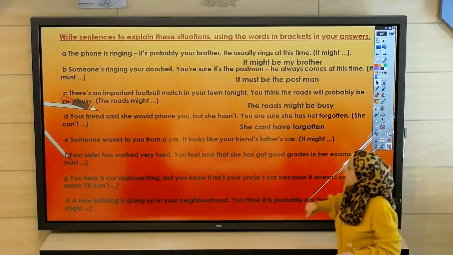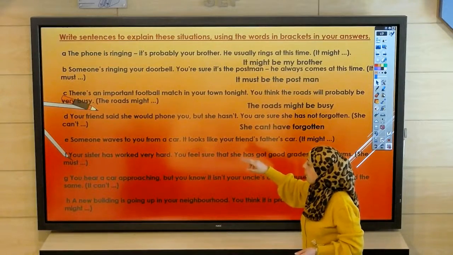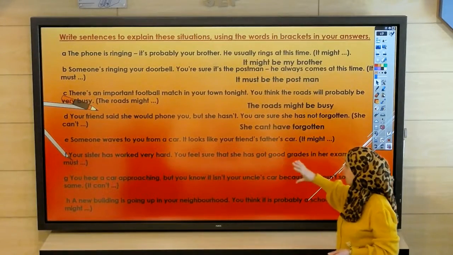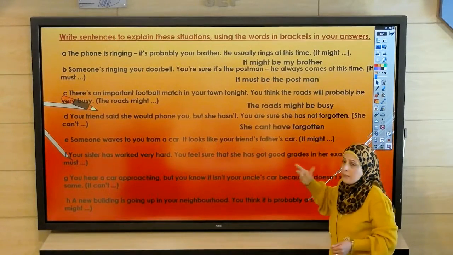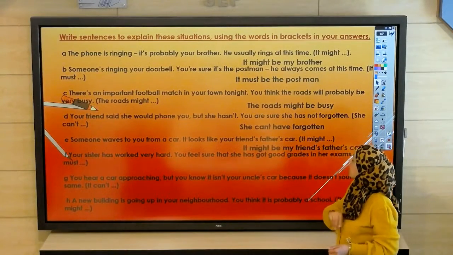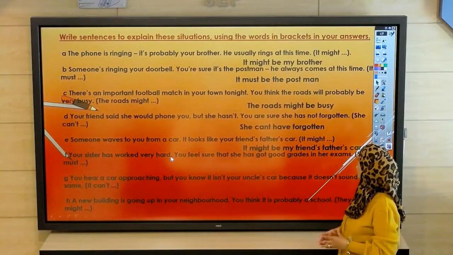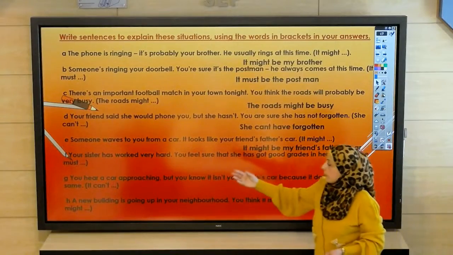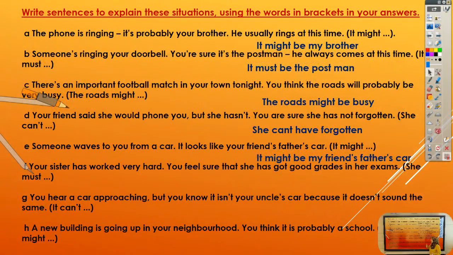Okay? Now, someone waves to you from a car. It looks like your friend's father's car. So, you are not sure. It might be my friend's father's car. Your sister has worked very hard. You feel sure that she has got good grades in her exams.